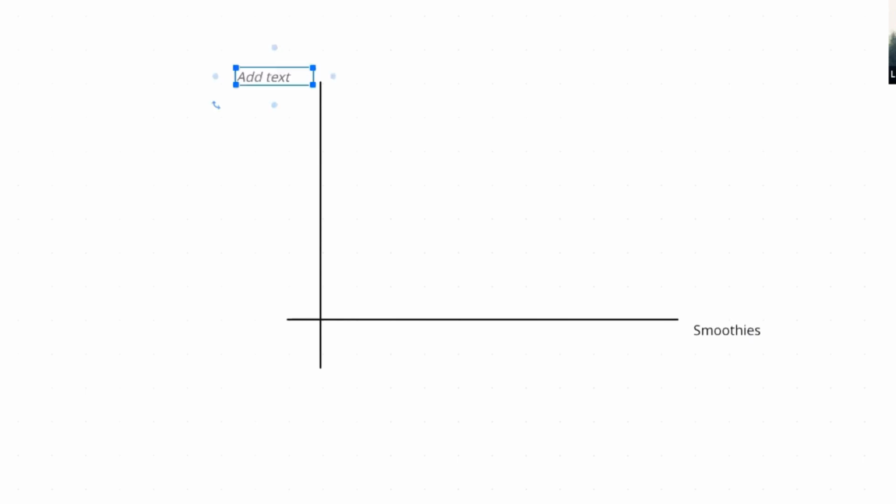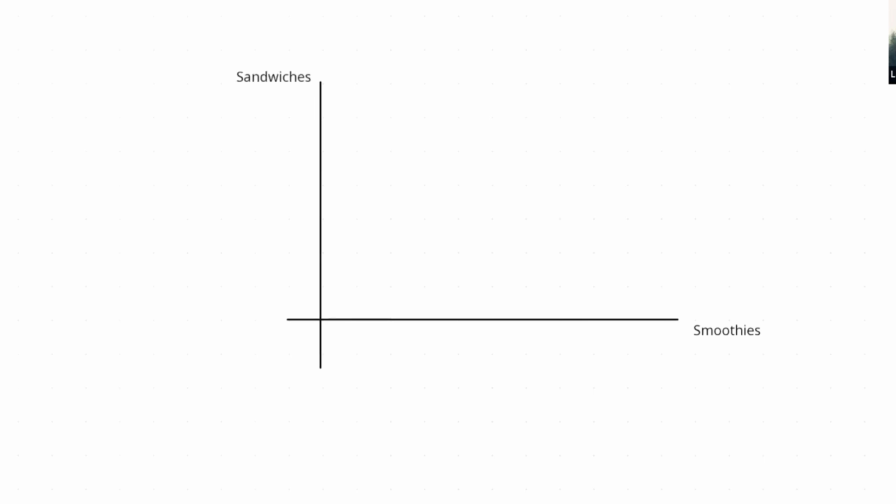So if we have a production possibilities frontier, it's going to look like this. You're going to have a good over here. So we'll say smoothies and sandwiches are our two things we can make.